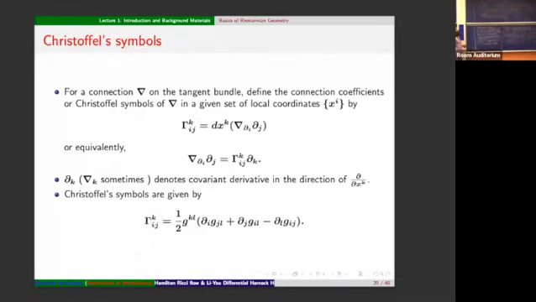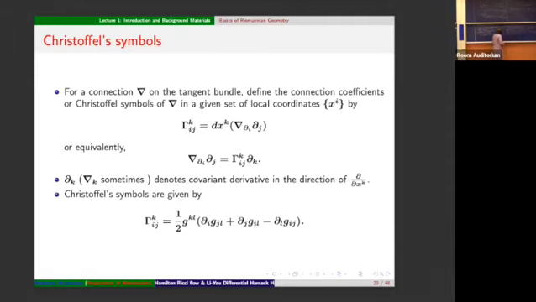Then another important thing that we need is Christoffel symbols. These are just Christoffel symbols. These are the coefficients of the Levi-Civita connection. So in local coordinates, it's written this way. So these are Christoffel symbols.